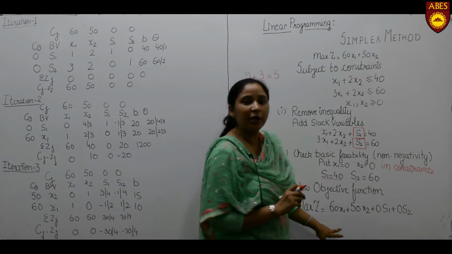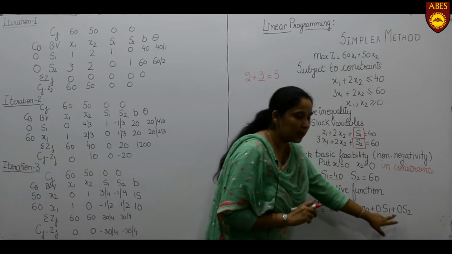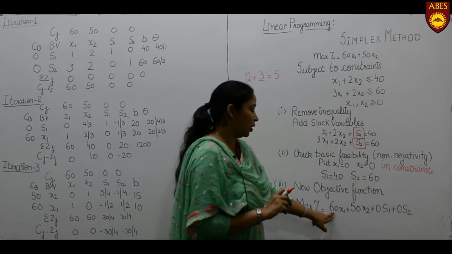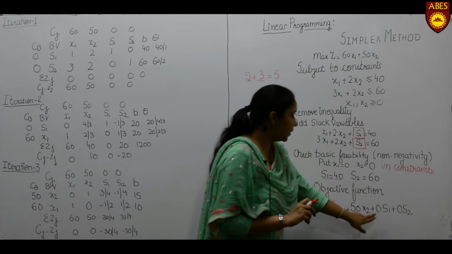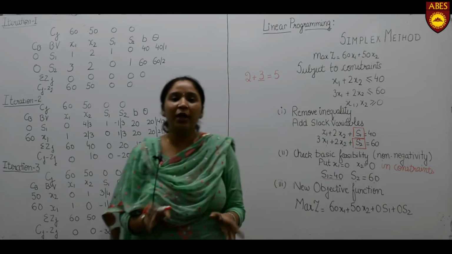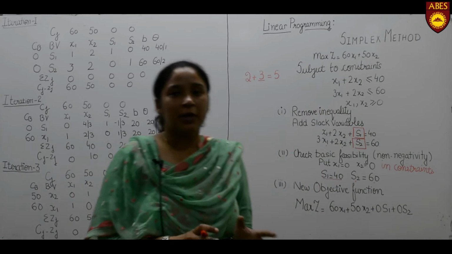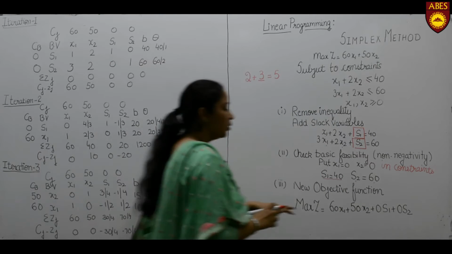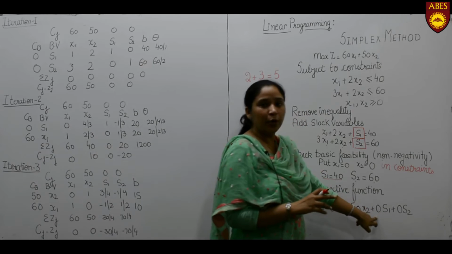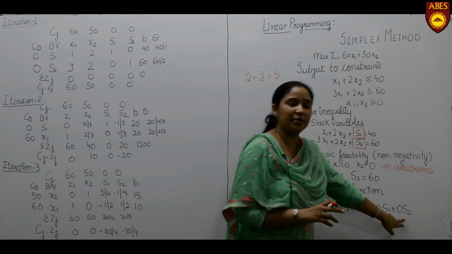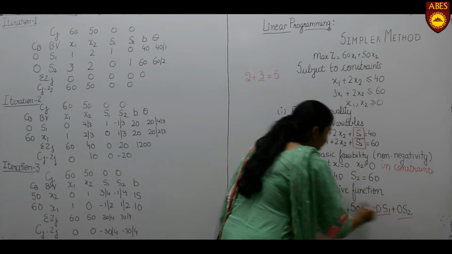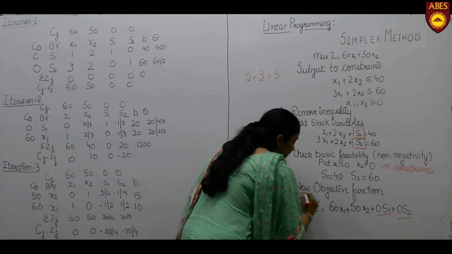We have to introduce these variables in the objective function. Here 60x1 plus 50x2 plus, since we don't have any slack variable in the objective function, we will give 0 to it: 0 S1 plus 0 S2. This will be our new objective function.